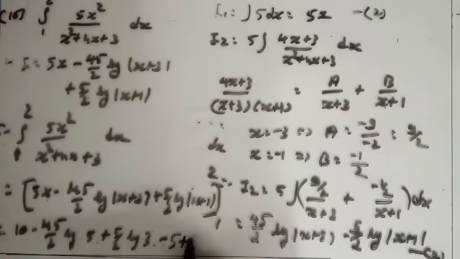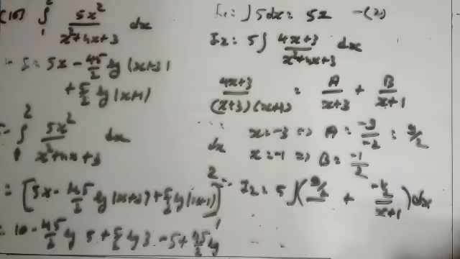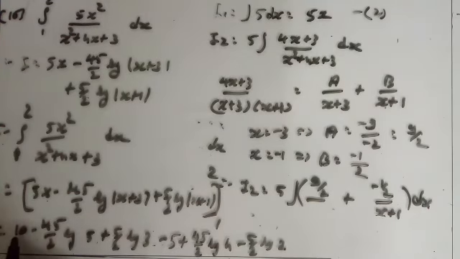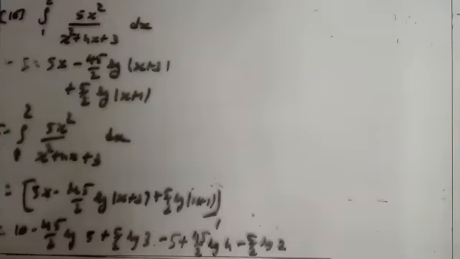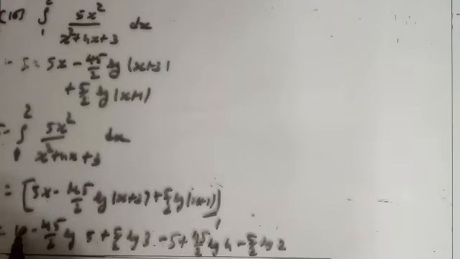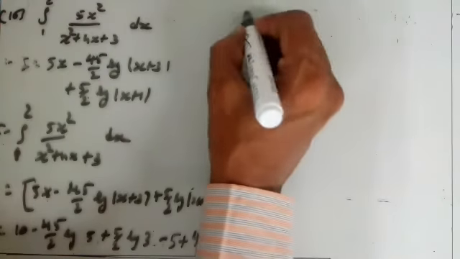Minus becomes plus 45/2 log(1 + 3), which becomes 4, minus 5/2 log(1 + 1), that is a 2. Okay, now 10 minus 5 becomes 5.